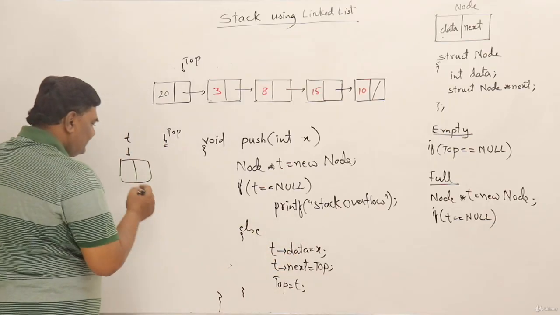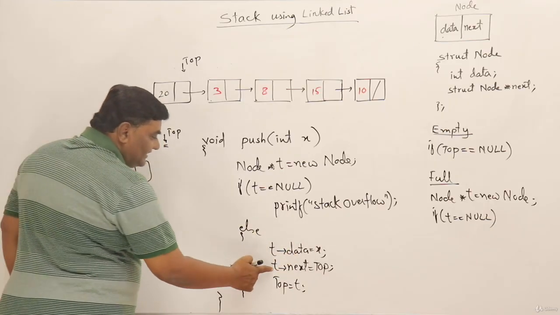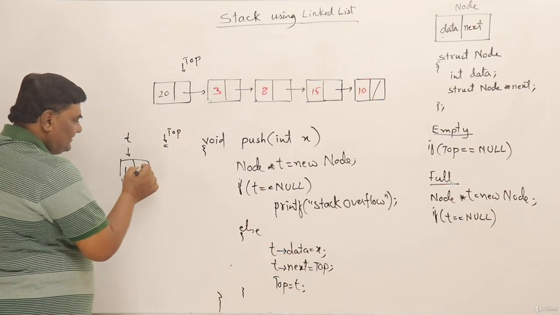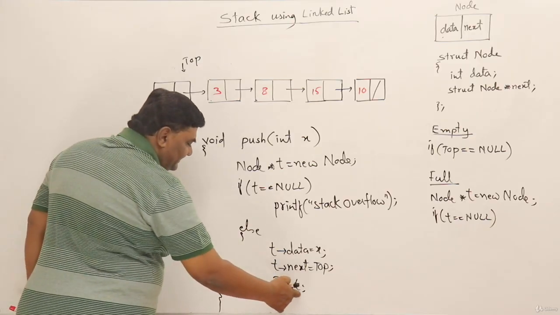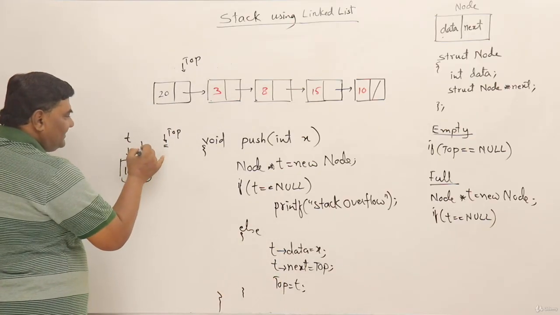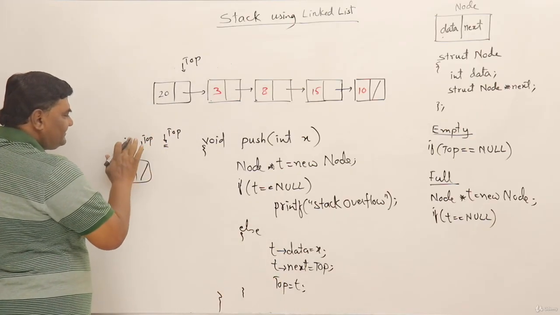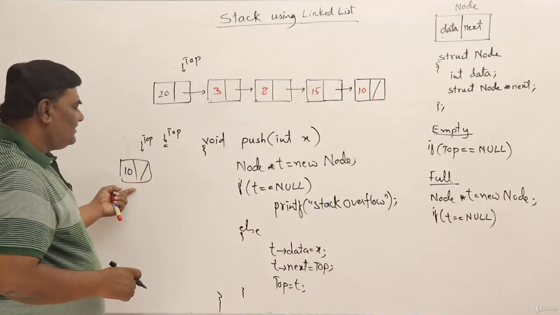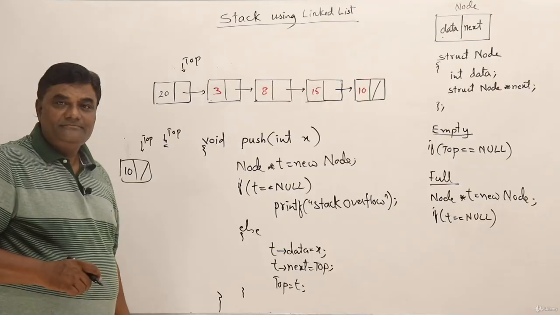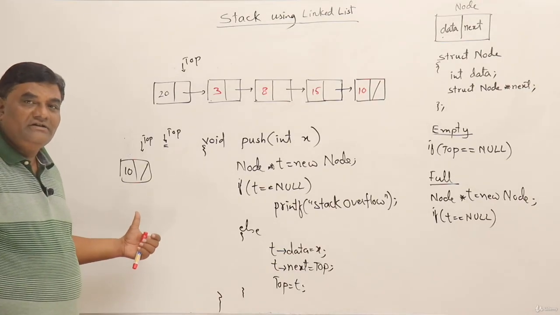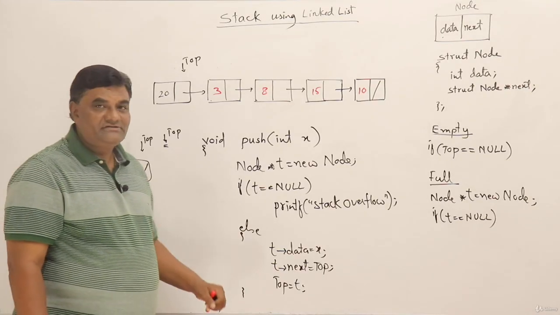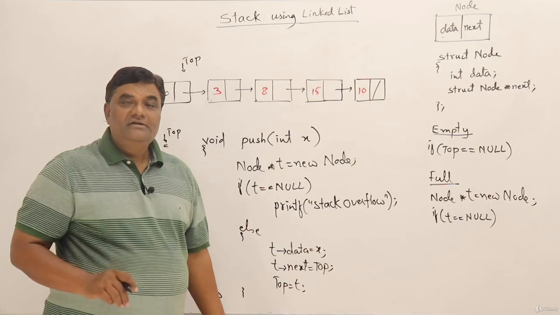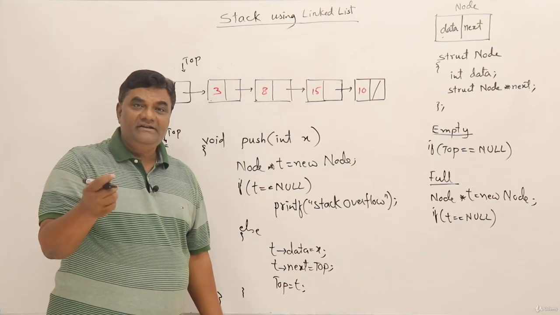T's data, assign some value. T's next is top, so what is top? Null, so this becomes null. Then top is assigned T, so top will come upon T. Then remove this T. Now you can see that this is the only node and the top is pointing on that node. So even if it is the first node, it works. The same function works.